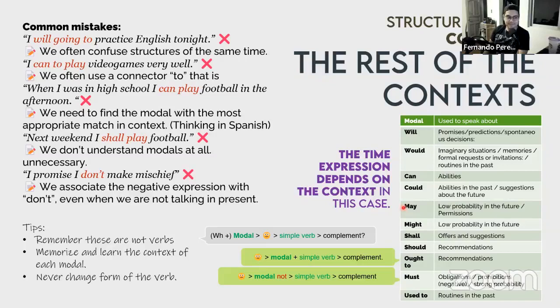So the formal ones, let's take a little note, are may, shall, and ought to. These are considered formal modals for formal conversations.